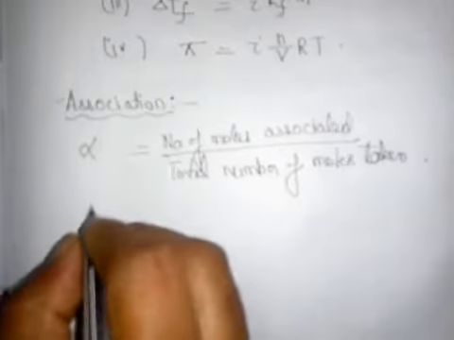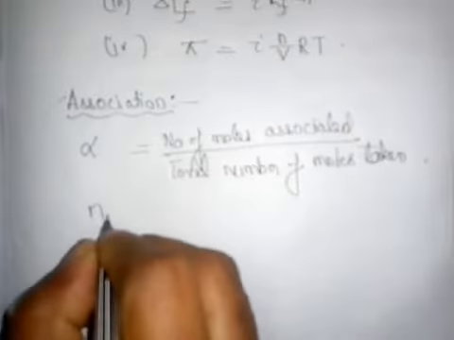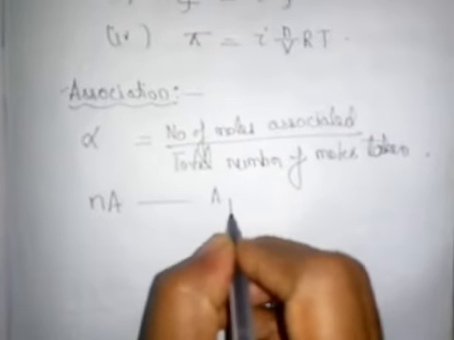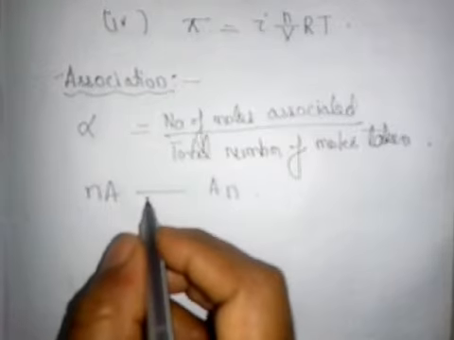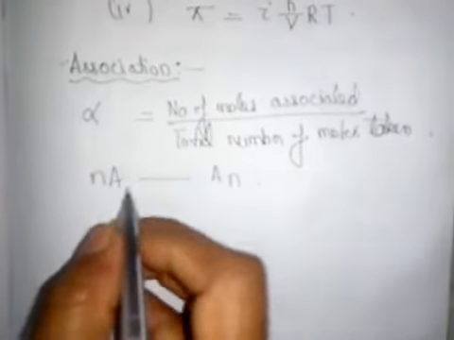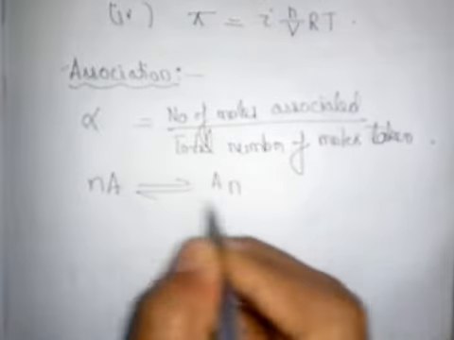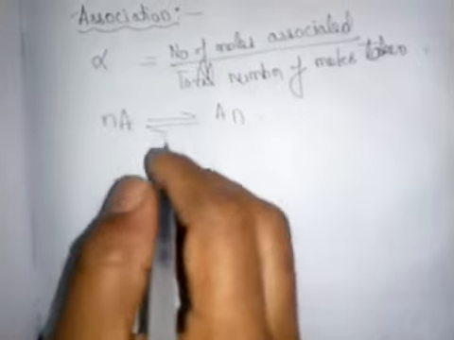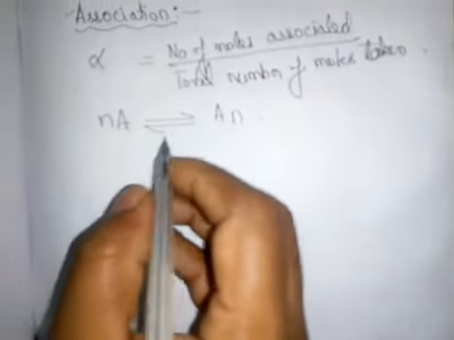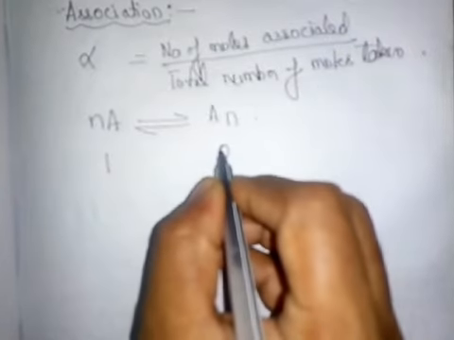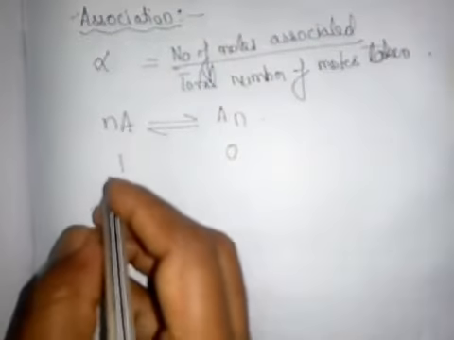Now, if n simple molecules of the solute A are taken to form associated molecule A_n, so that an equilibrium is established between n number of A and the molecule form, that is A_n. Now, if we start with 1 mole of A, then A_n will be 0 before association.